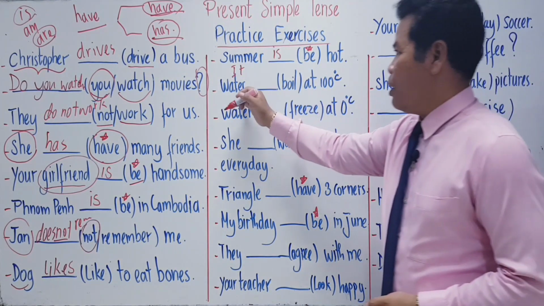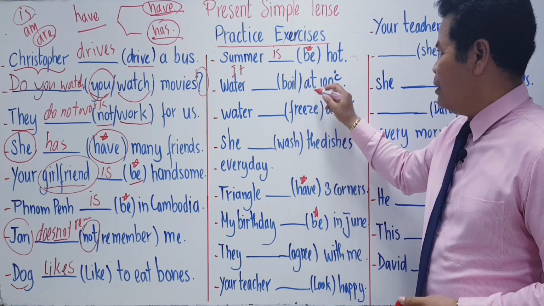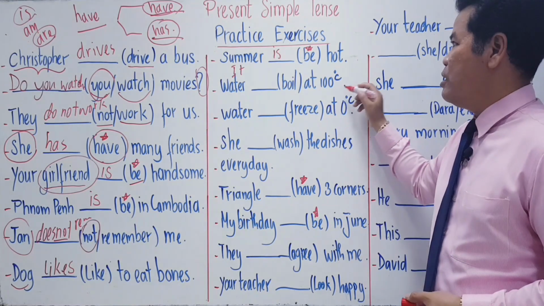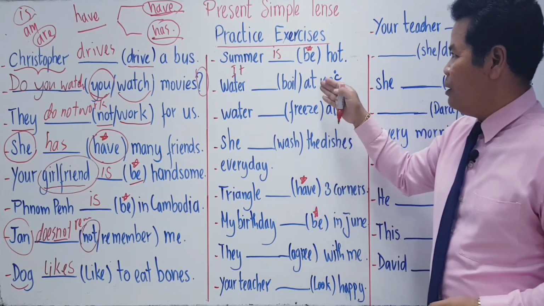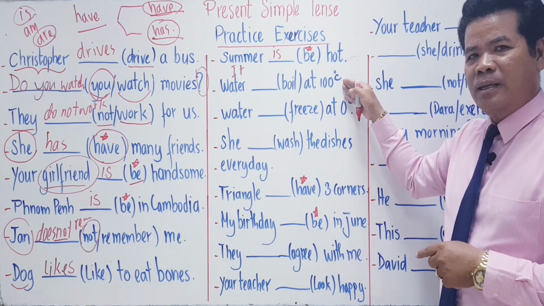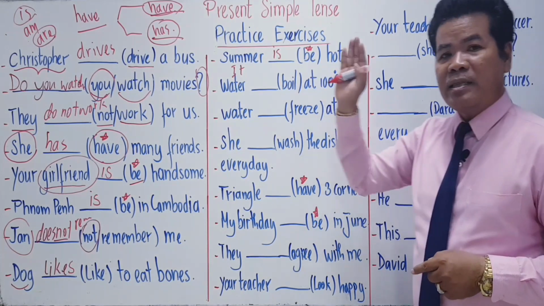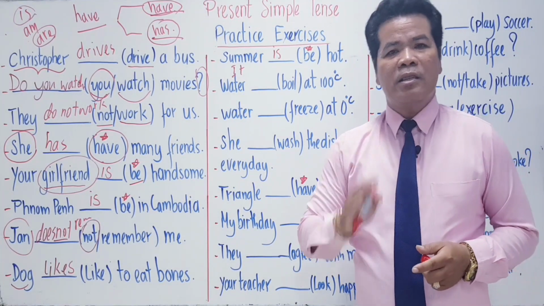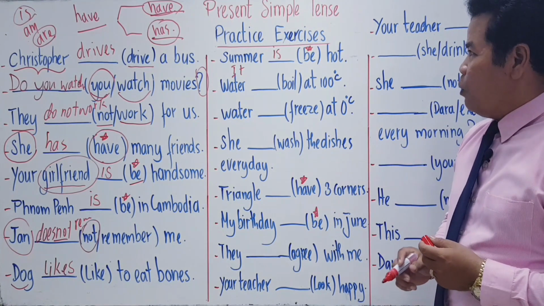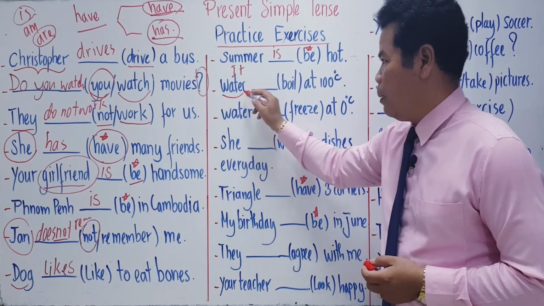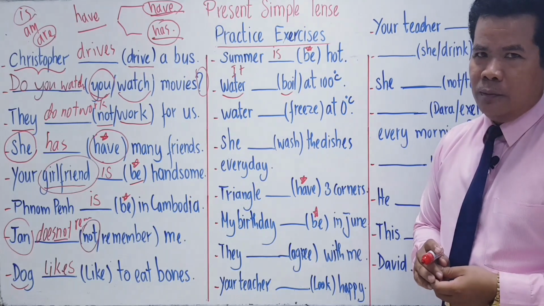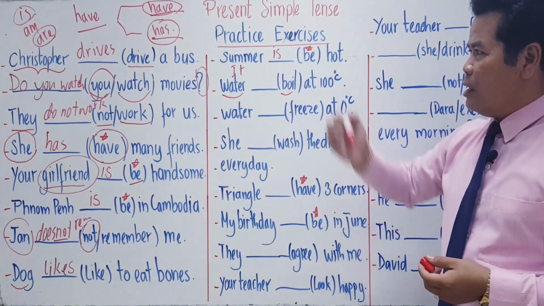Another one. Water boil at 100 degrees Celsius or 100 degrees centigrade. So this is the fact. This is the fact. That's why we use present simple. Now look at this one. Where's the subject? Water. And where's the verb? Boil. So what kind of subject is that?